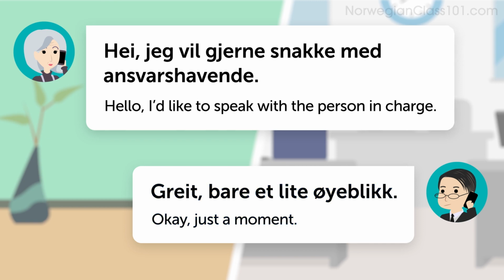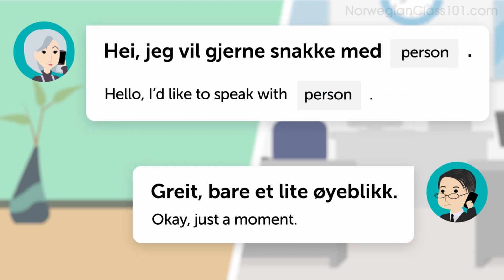First of all, you'll need to learn how to say hello on the phone. That's Hei. Then you'll need to learn how to say, I'd like to speak with person. The pattern is Jeg vil gjerne snakke med person.